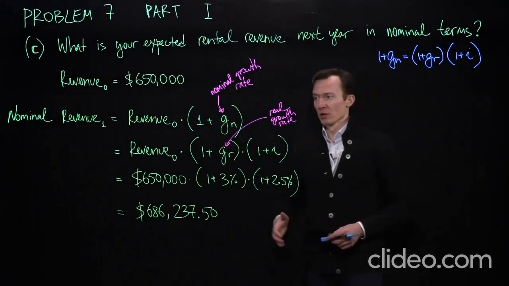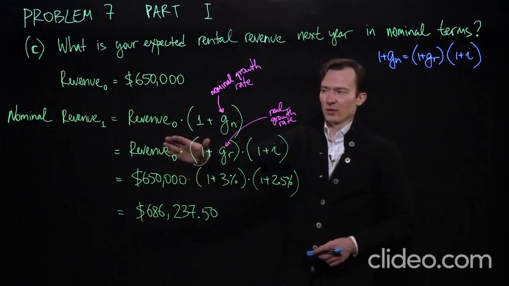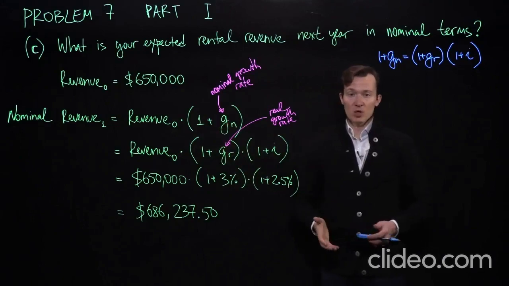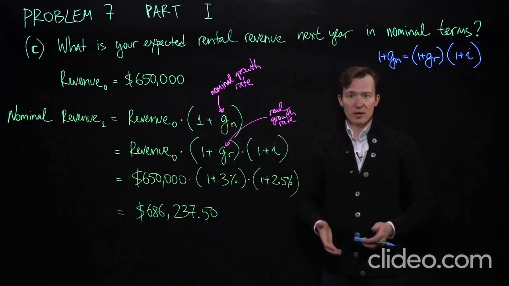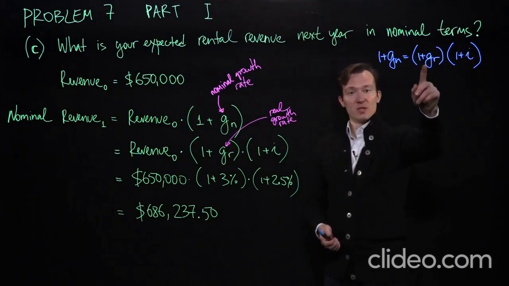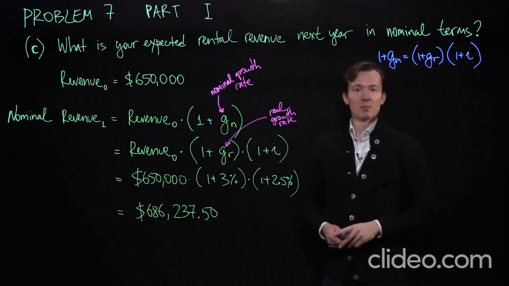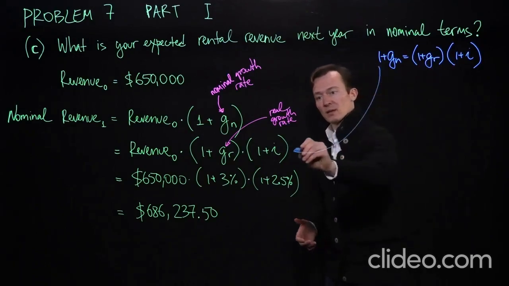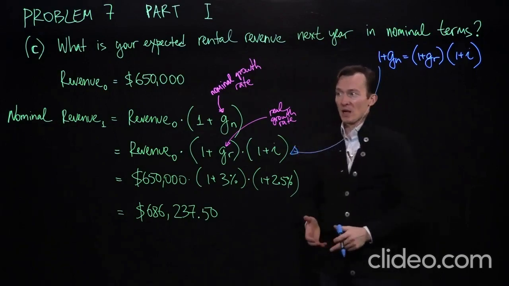Question C. What is your expected rental revenue next year in nominal terms? Well, nominal revenue in year 1 equals the current revenue multiplied by 1 plus the nominal growth rate. But the question does not give us the nominal growth rate directly, so we have to compute it. 1 plus nominal growth rate equals 1 plus real growth rate multiplied by 1 plus the rate of inflation. So we can use this equation to plug it in here.